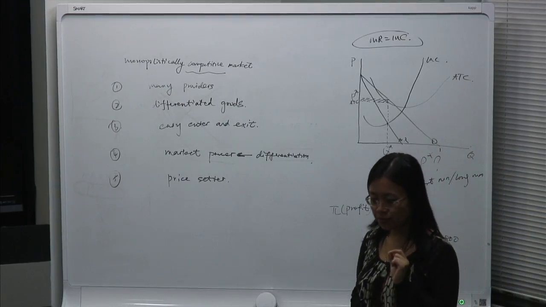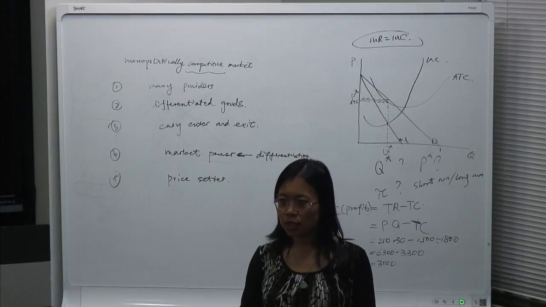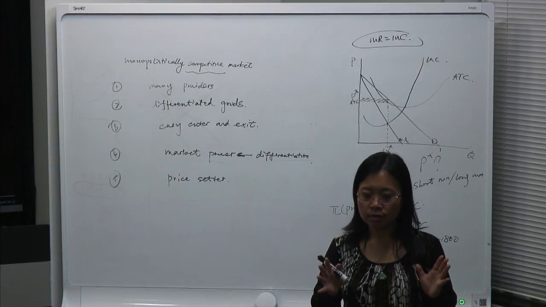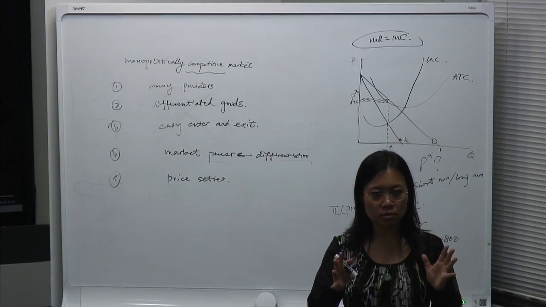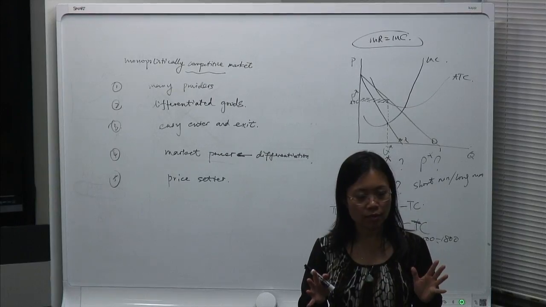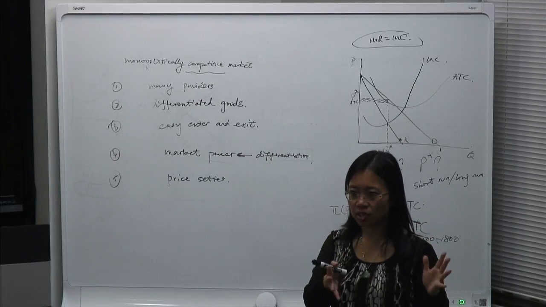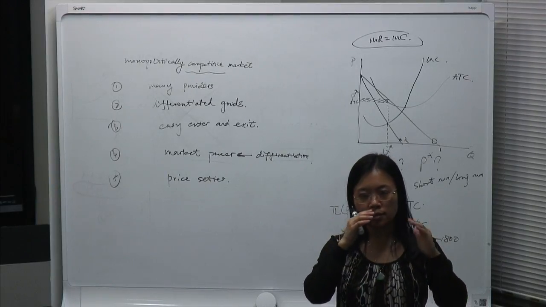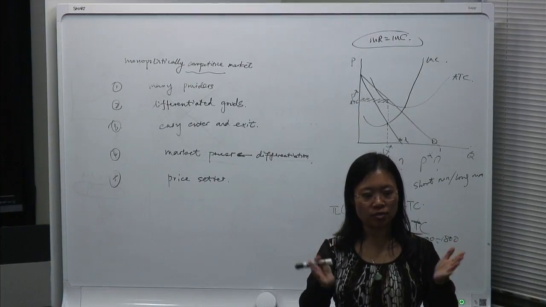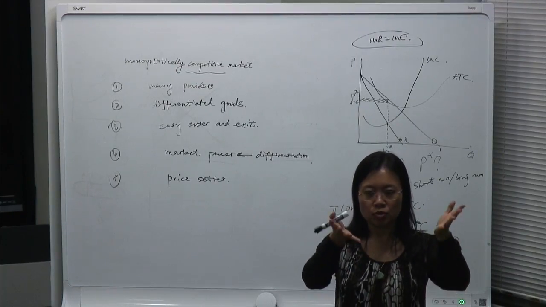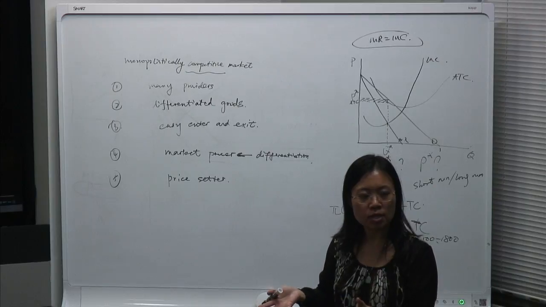Let me give you an example. A Chinese restaurant has its own targeted consumers, and that's their market share. They are opened particularly for those people, so those people are their market.